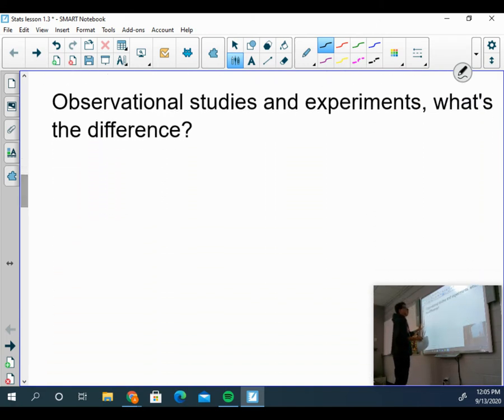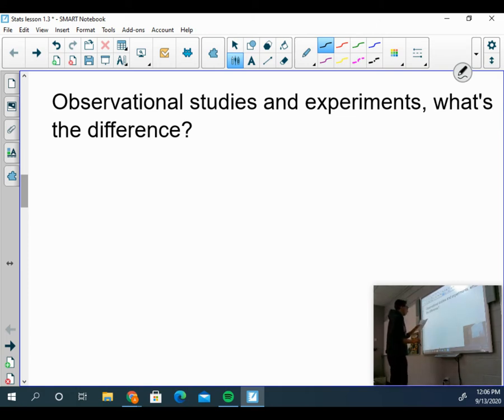All right. So now that we've talked about census, again, population versus sample, this is going to be one of the biggest topics we focus on today. Observational studies versus experiments, okay? If we're getting into data collection, these are going to be two different types of frameworks we set up for how we collect our data.